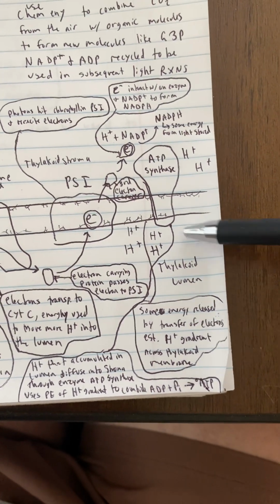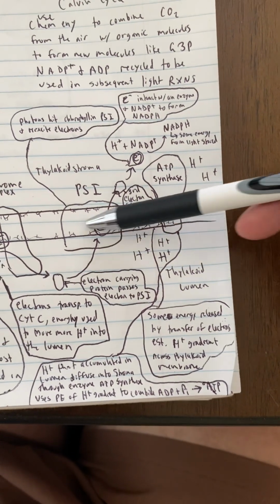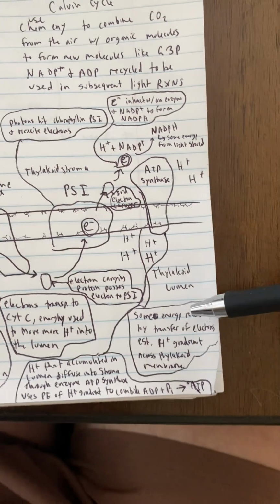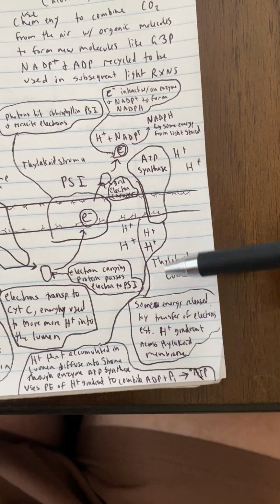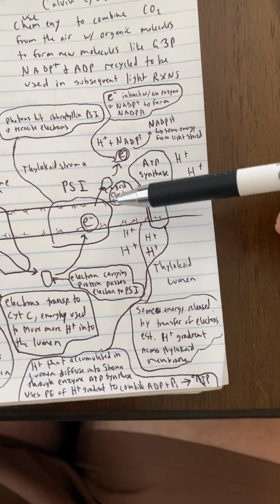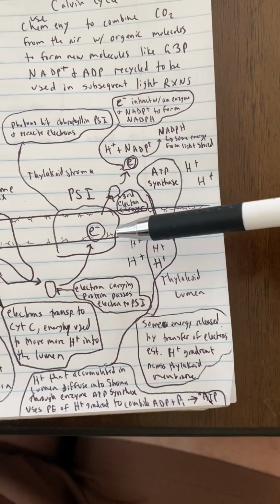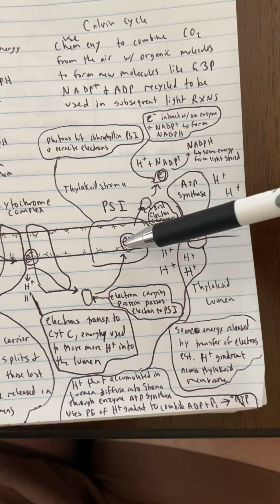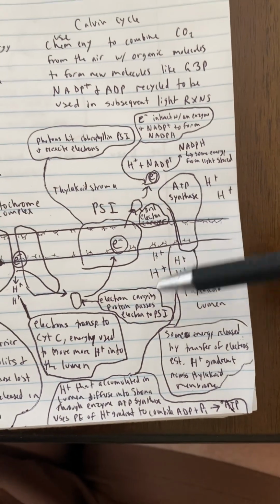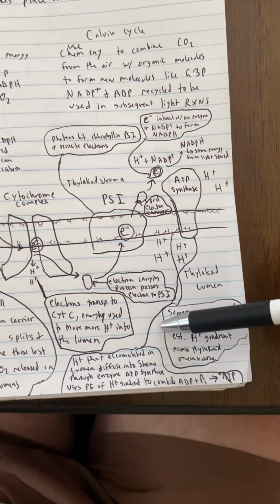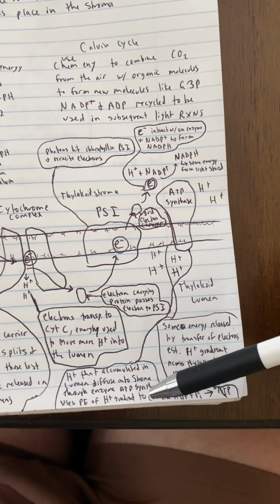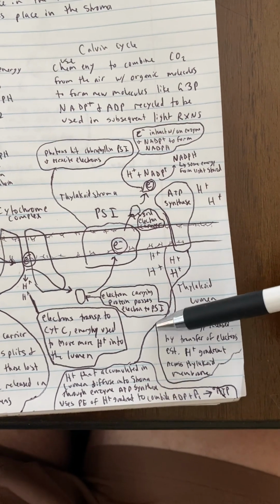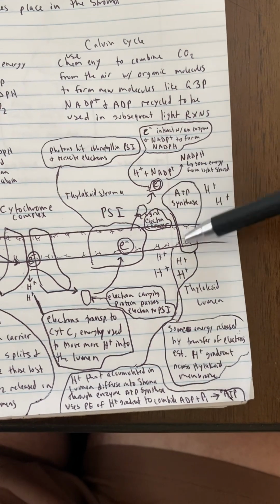So here's the membrane here. Some of the energy released by the transfer of electrons establishes a proton gradient across the thylakoid membrane, which is just these lines here. Then the protons that accumulated in the lumen will diffuse into the stroma through this enzyme, ATP synthase.